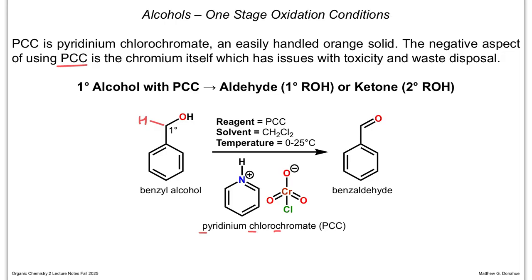If we remember the difference between primary and secondary, once a secondary gets to the ketone, it stops. But if we use this other reagent with a primary, it's not stopping at the aldehyde, it's going up to the acid. So there is some nuance that you're going to have to be aware of when you start looking at these reagents, seeing them on the exams.